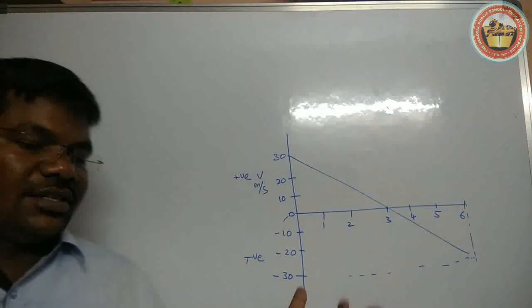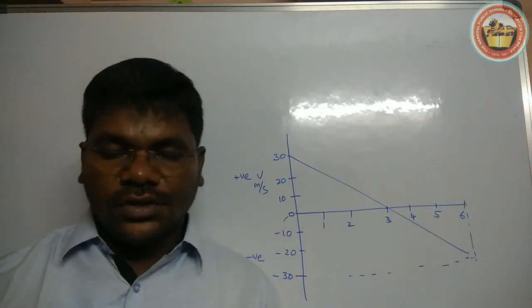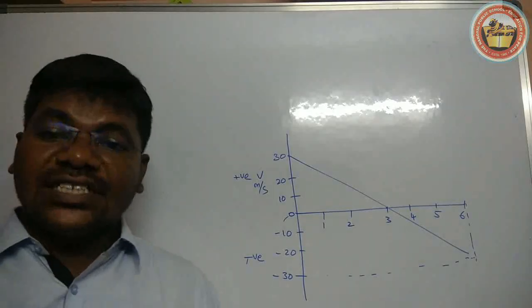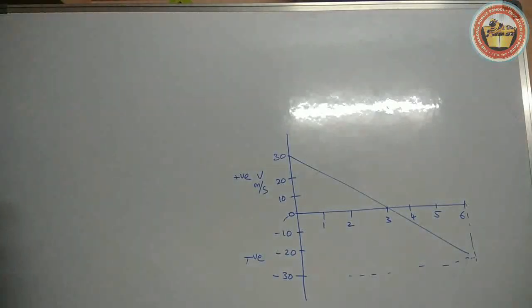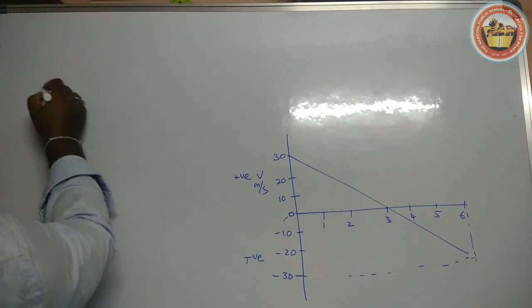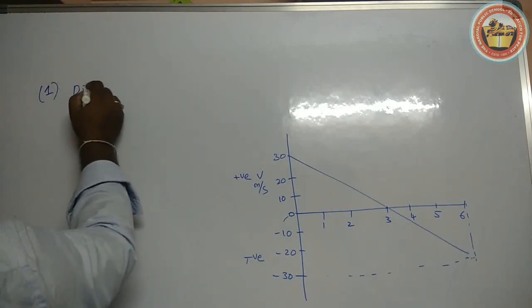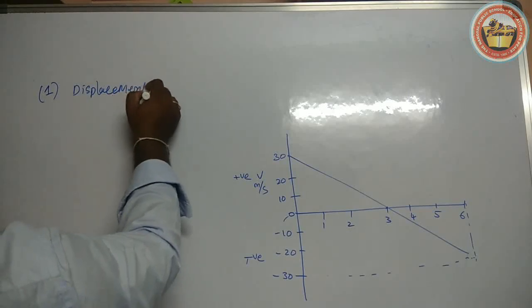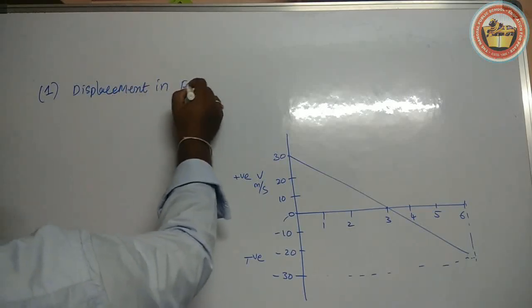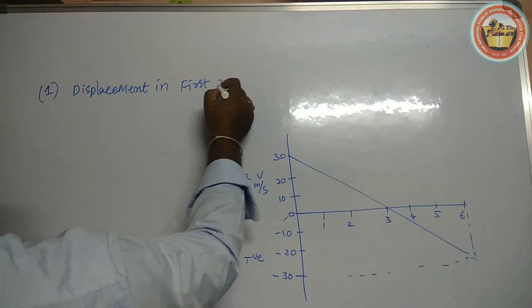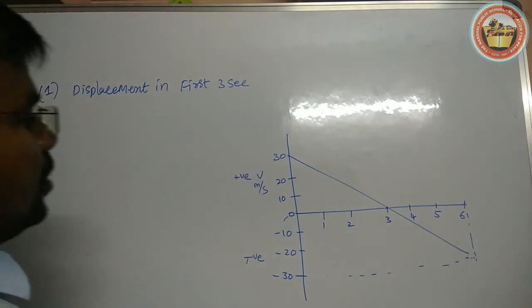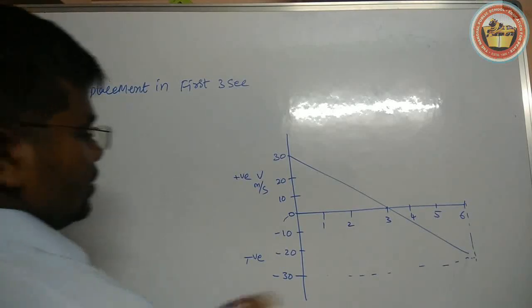Here they have given one graph, and based on that, the first question is the displacement in the first 3 seconds. Here we have to find displacement.